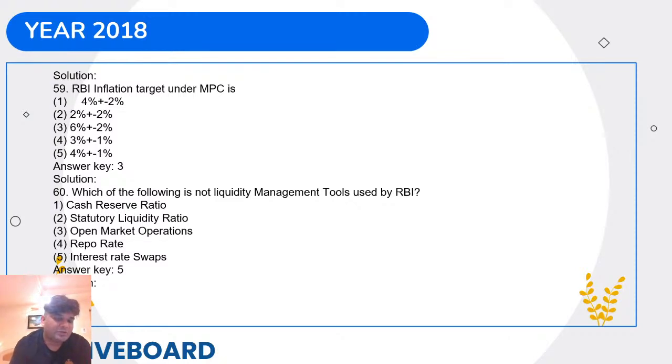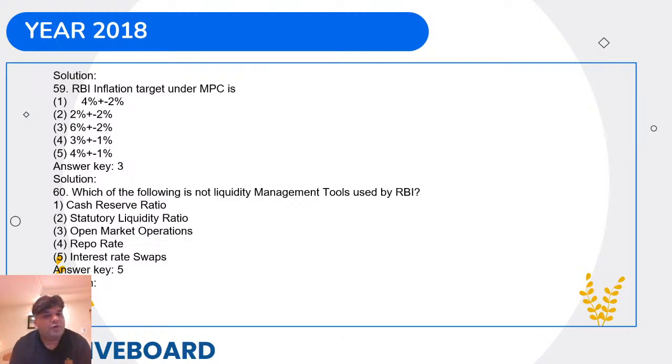Because the median figure is 4% with an allowance of 2%, that is 2 to 6. Anybody who feels that the answer is A is wrong, it is 6 and 2, because the median is 4% plus minus 2%. So the range is 2% to 6%.